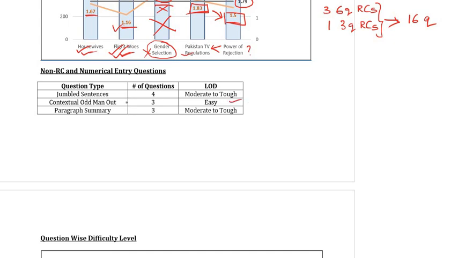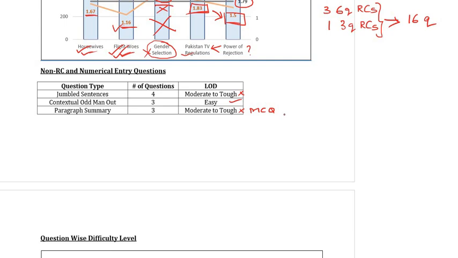On the other hand, the jumbled sentences and para summaries were moderate to tough, so you had to be careful there. Now, because the para summaries are MCQs, we advocate being extremely careful because the wrong answer will deduct marks. On the other hand, because the jumbled sentences and odd man out questions are not MCQs, they are numerical entry questions, you can afford to take more chances.